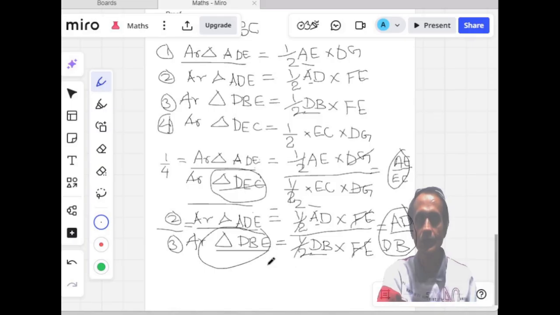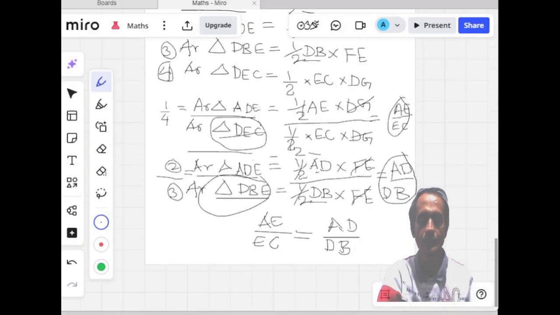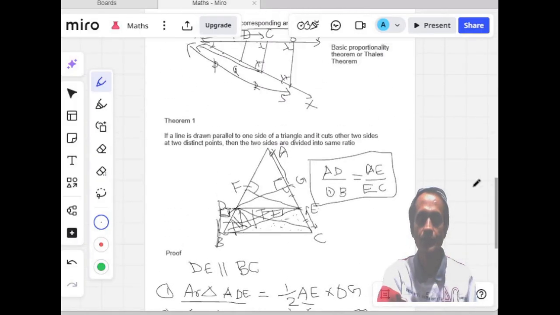So what we get ultimately is AE by EC, and this is what we wanted to prove: AD by DB is equal to AE by EC.